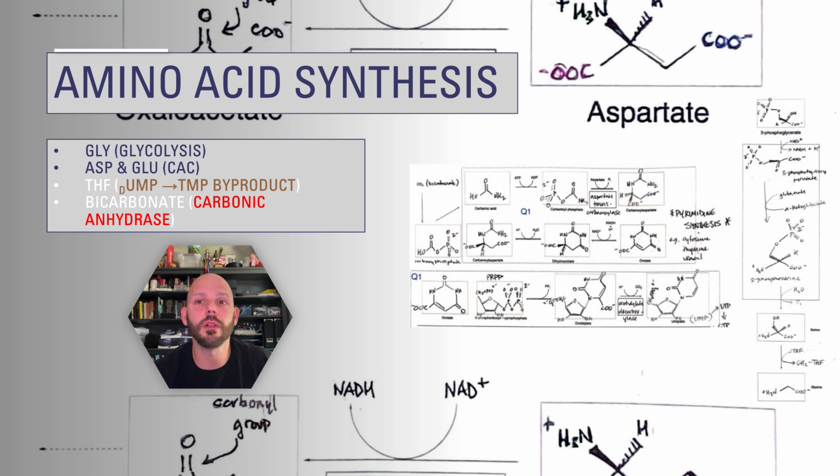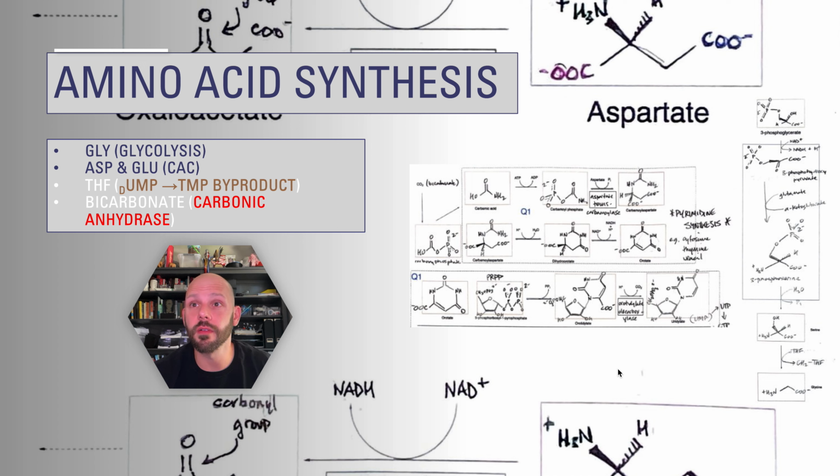Aspartate and glutamine come from citric acid cycle intermediates, oxaloacetate and alpha-ketoglutarate, respectively. And glycine comes from 3-phosphoglycerate, which is a glycolysis intermediate.